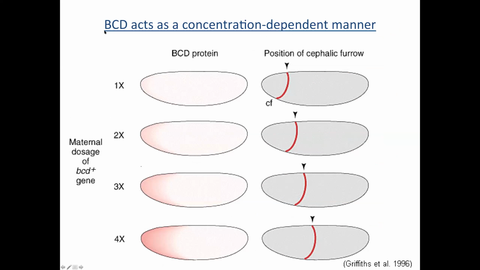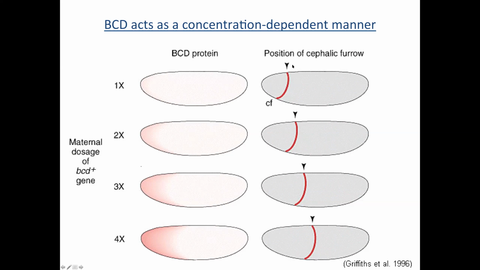So the concentration defines. One of the things that happens in the head region is the indentation of the cephalic furrow. With the movement of cells in the ventral region, the ventral furrow, the head structure also undergoes a movement, which is the cephalic furrow. This indentation marks the segregation of the head structures.